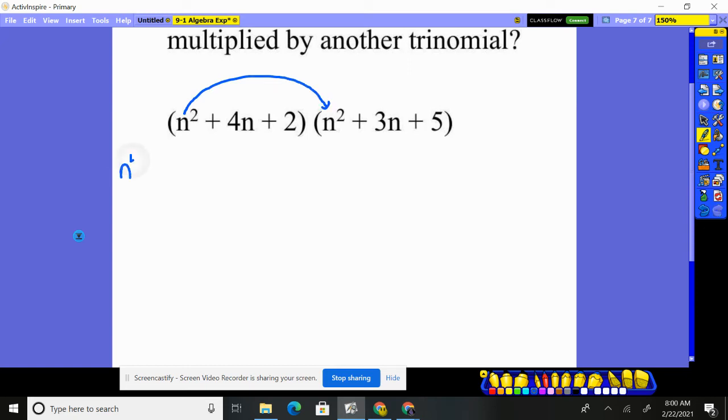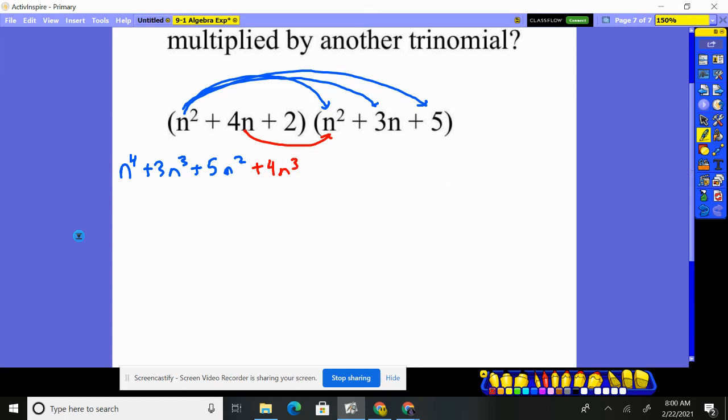That's n to the 4th. n squared times that 3n is 3n to the 3rd. And n squared times the 5 is 5n squared. Let's now do the 4n. 4n times n squared is 4n cubed. 4n times 3n is 12n squared. And 4n times the 5 is 20n.